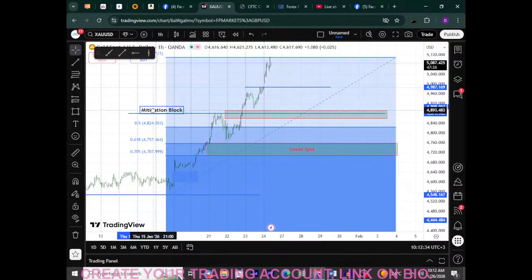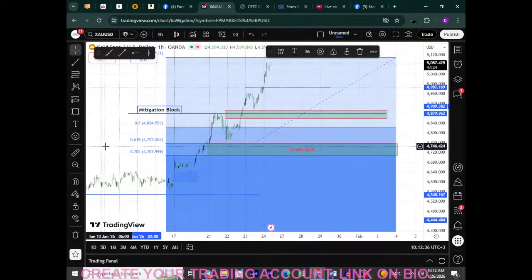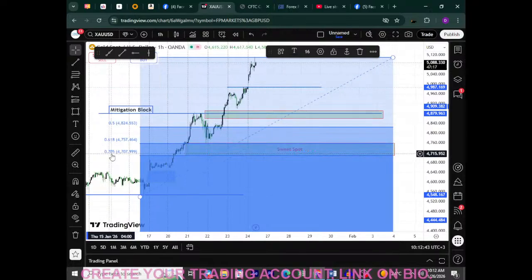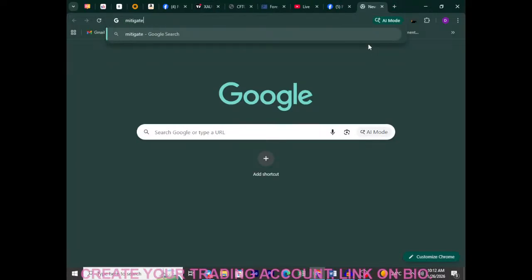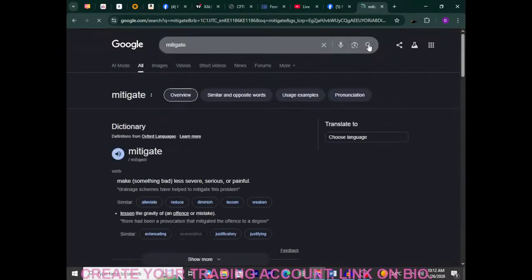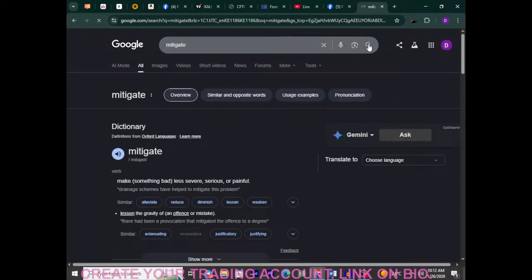Why is it called a mitigation block or a mitigation order block? Why do we call it a mitigation block? Simply for the simple reason that price has to mitigate. What is the meaning of mitigating, by the way? Because you know me, I just use words, I just use information which I was taught. So to mitigate is to make something less severe.